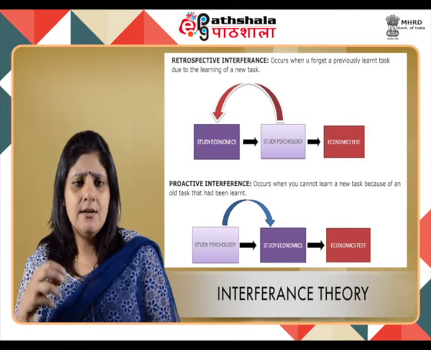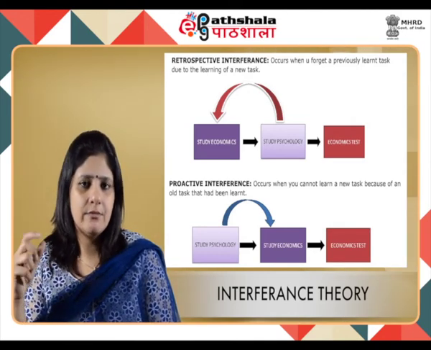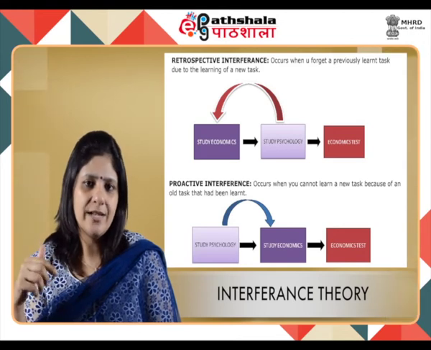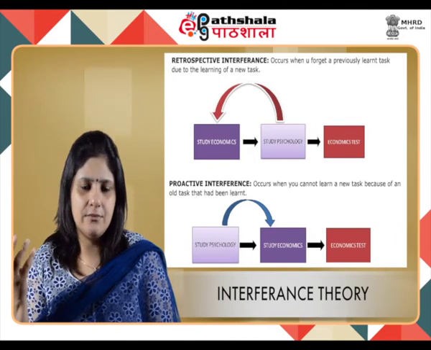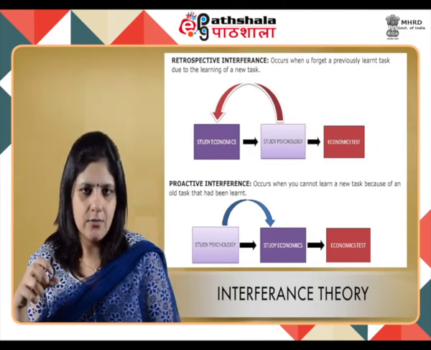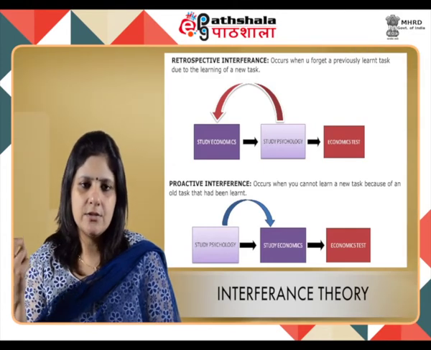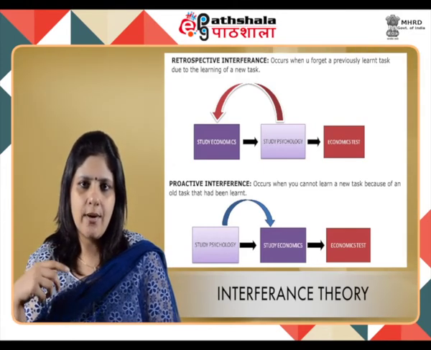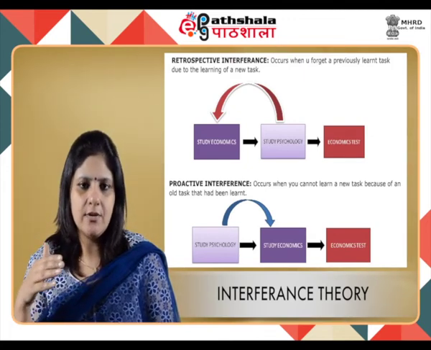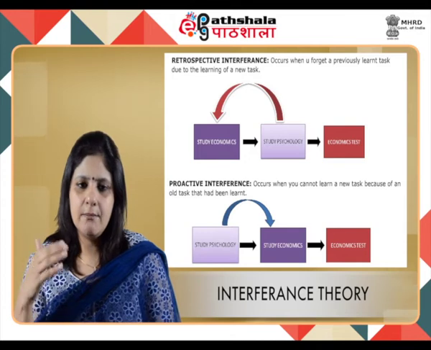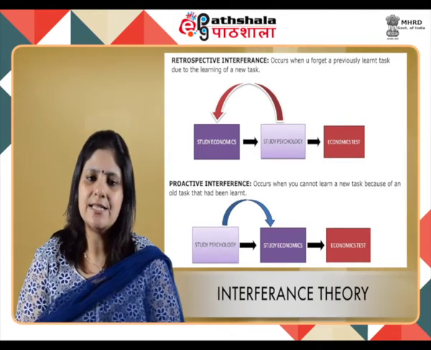Retroactive would be: learn A, learn B, then recall A. So the learning of B will interfere with your learning of A. When you recall, what you have learned right now is the B concept, and you will recall that instead of what you learned earlier. So that is retroactive. Proactive would be: you have learned A concept, you have learned B concept, now you have to recall B, but that recall would be interfered with by A, that is the previous information.